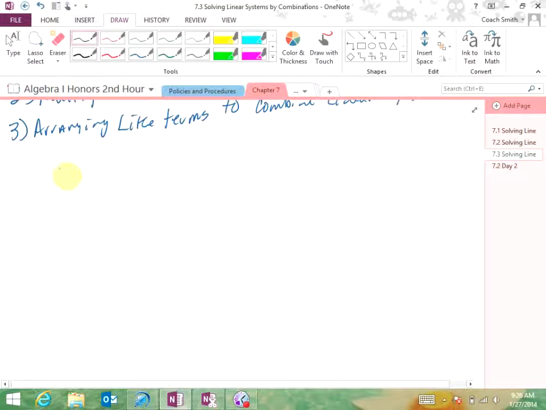these 2 equations. 3v minus 2w equal 1, and 2v plus 2w equal 4. Now, when you're talking about using combinations to solve linear systems, basically you're going to put the 2 equations together.